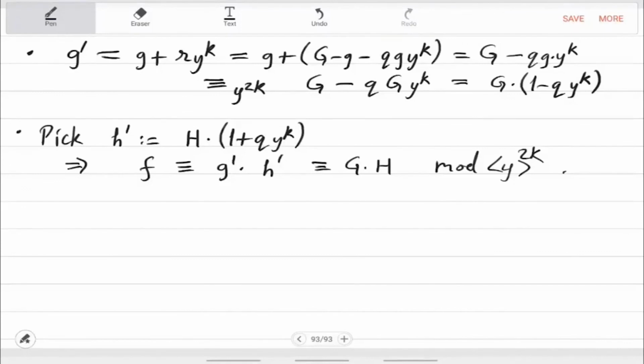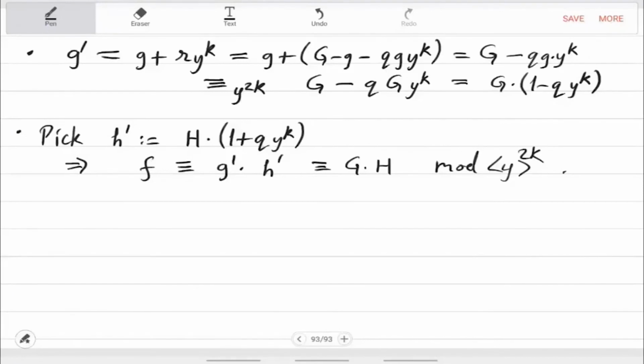So you basically mod y to the 2k have two lifts. One that Hensel gives you, that is big G big H. But if big G happens to be non-monic, then you do one division algorithm and modify it. The division algorithm is giving you a q which you are using to multiply big G with. You are basically doing that perturbation by multiplication, and then in the end you get G prime to be monic.